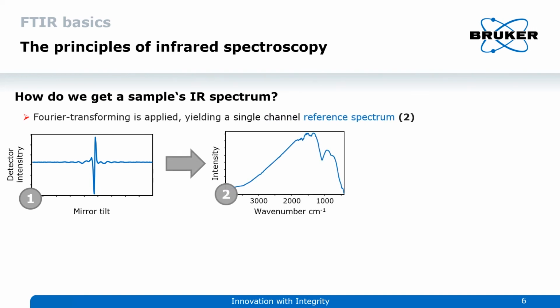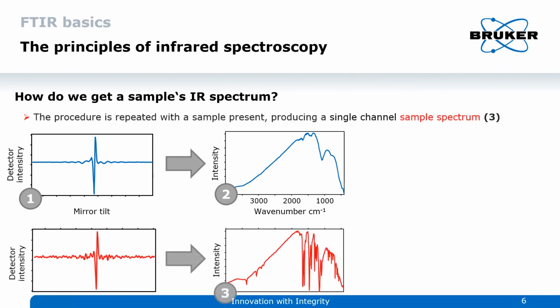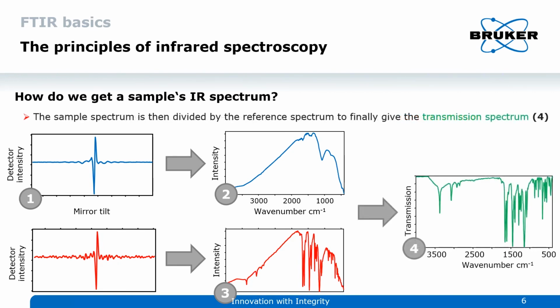We now have a single channel reference spectrum. Then we insert the sample into the beam path and repeat the procedure. Fourier transformation then yields another single channel, but this time it's a sample spectrum. Then we only have to combine both spectra by dividing sample spectrum by reference spectrum, and then we have the classic view of an FTIR transmission spectrum.